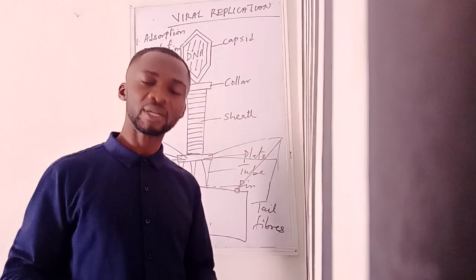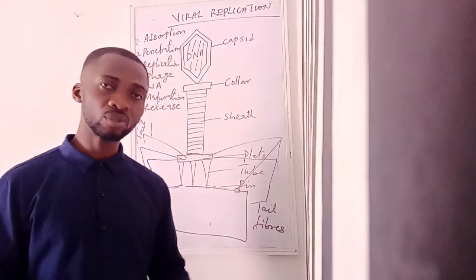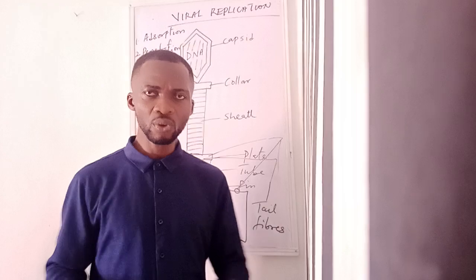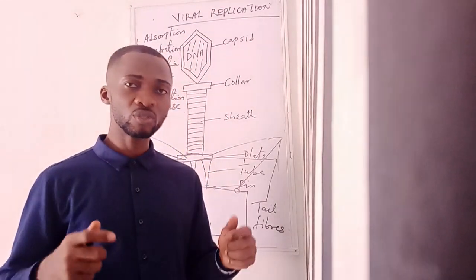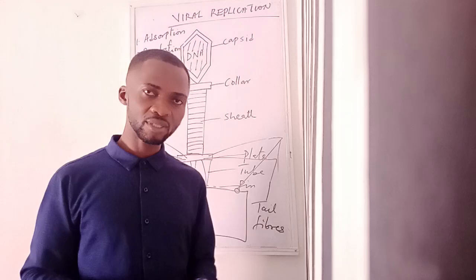Of course, some bacteria have cell wall, and some, in addition to the cell wall, also have what is called capsule. Capsule is another layer that covers the cell wall.